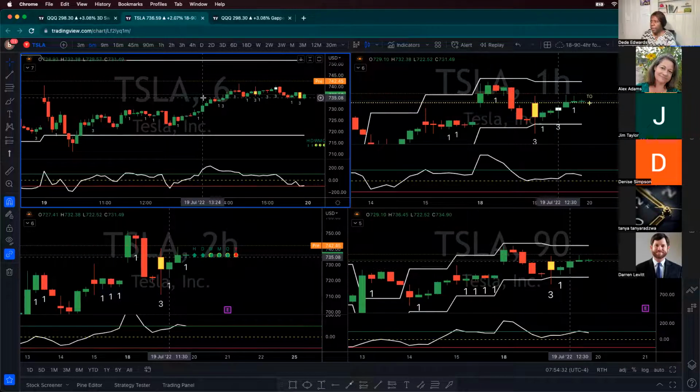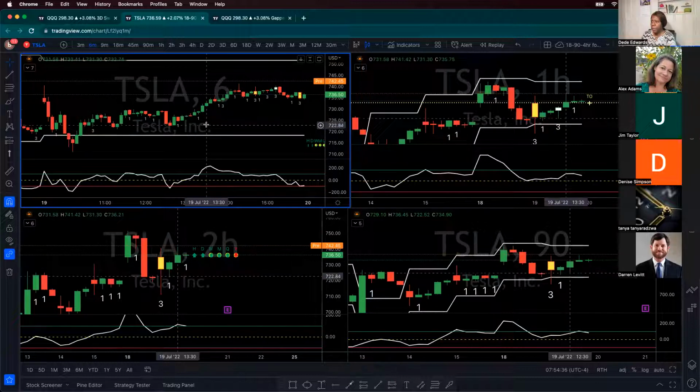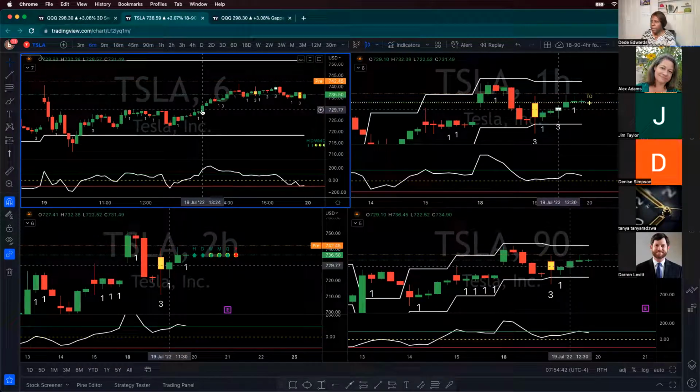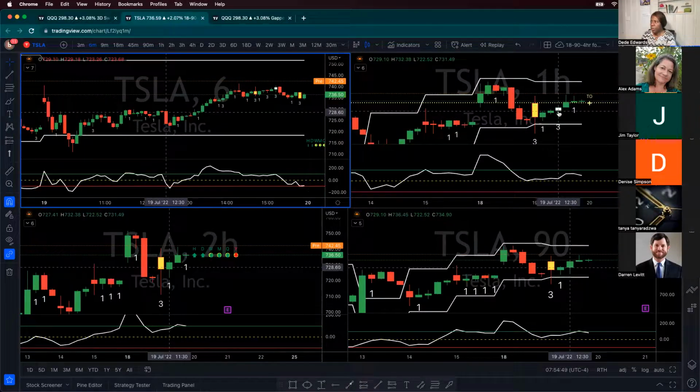So here's what happened right before the bottom of the hour flip, right? Okay, so here's your 4-hour flip right here, 1:30. This takes your 90-minute green right in this candle. It also takes your 60 green.